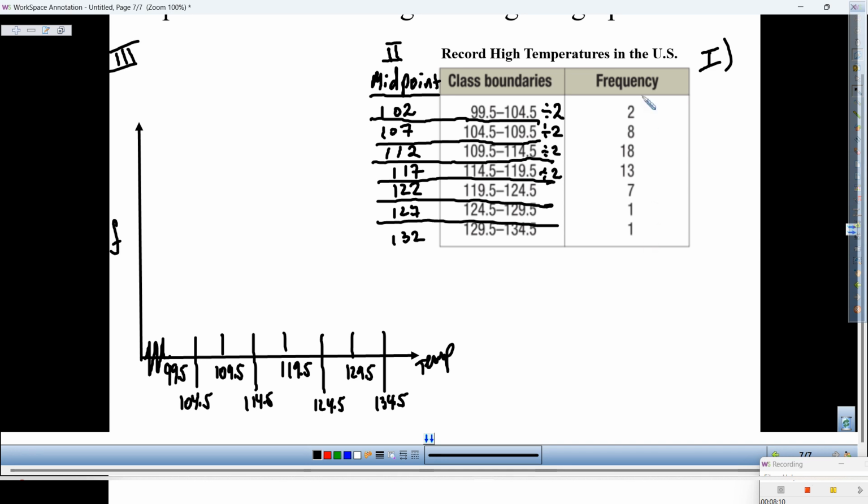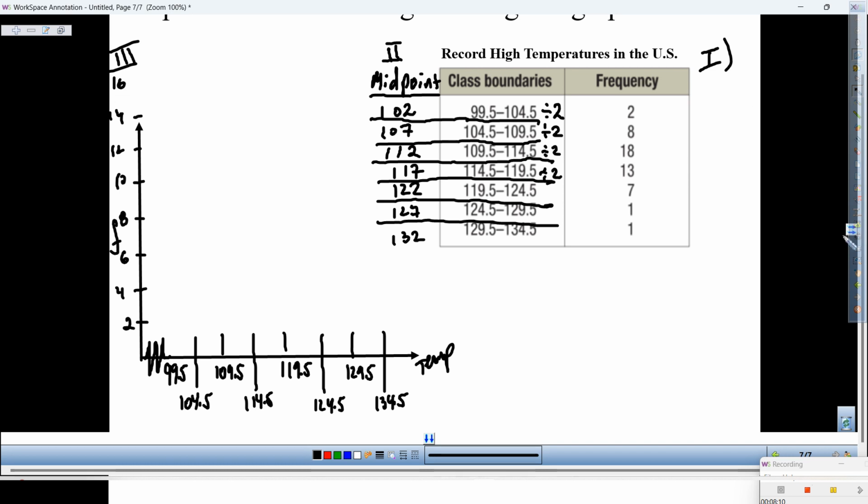Next, I need my frequencies. I need to scale this. And it goes all the way from 1 all the way up to what? 18. So question, what do you guys want to scale this by? By 2s? All right, go by 2s. 2, 4, 6, 8, 10, 12, 14, 16.